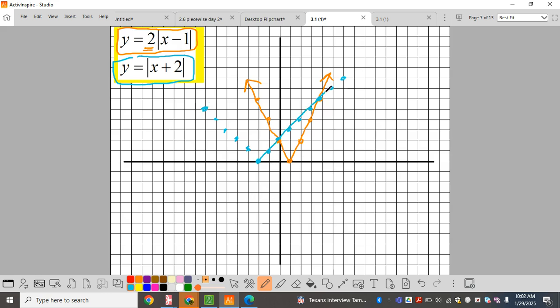If you notice, the graph crossed twice on the same wing of the orange one here. So it crosses at (0, 2) and 1, 2, 3, 4, comma 1, 2, 3, 4, 5, 6, so (4, 6). Okay.